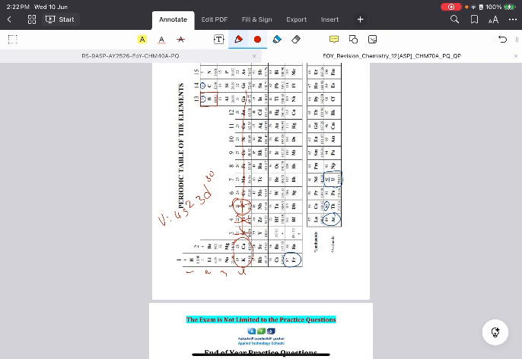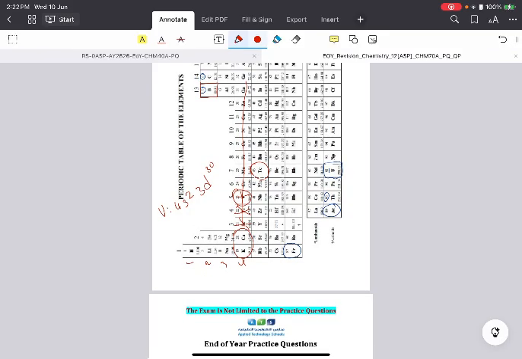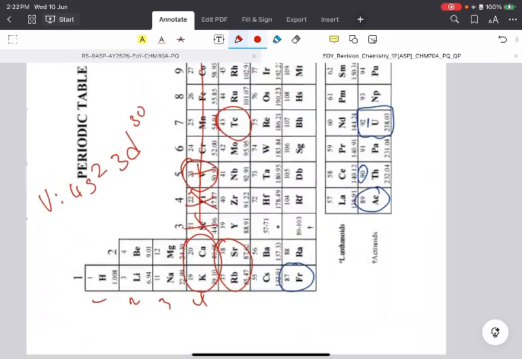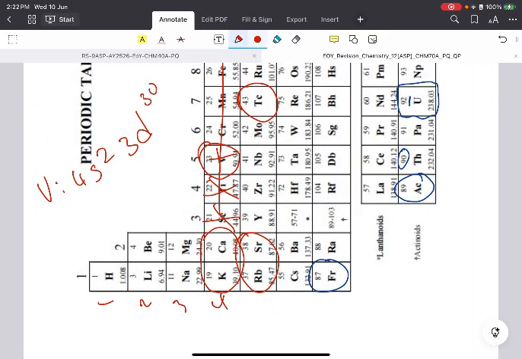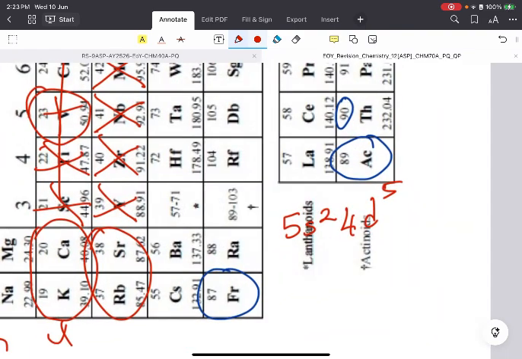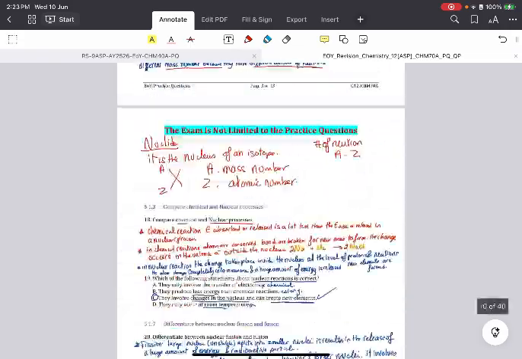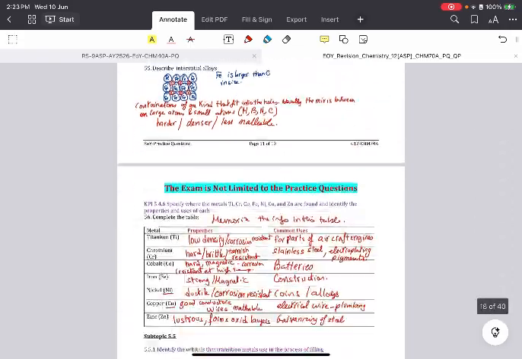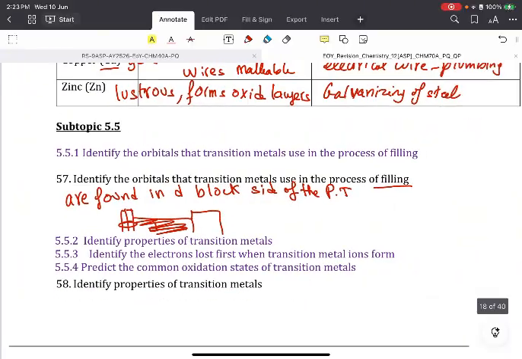Another example: the configuration of technetium, Tc. Tc has 2 electrons in the 5s, so 5s2, and then in the 4d it has 5 electrons, 4d5. Some transition metals might have 1 electron in the s orbital, and that's an exception because in this form they are more stable.